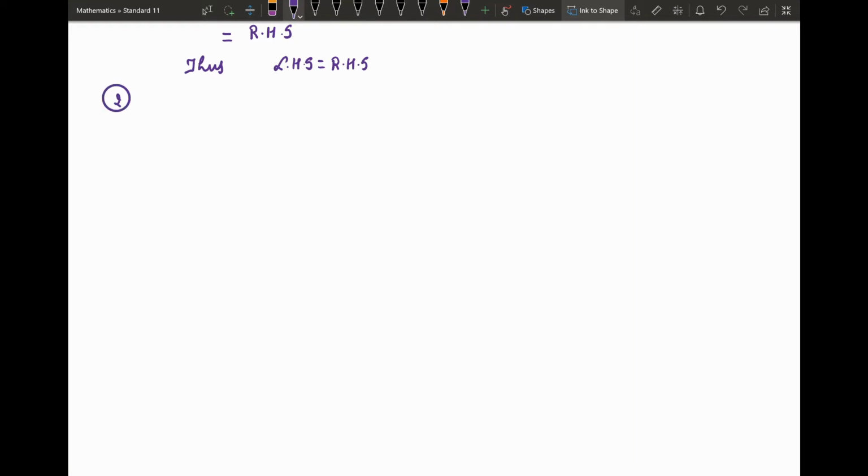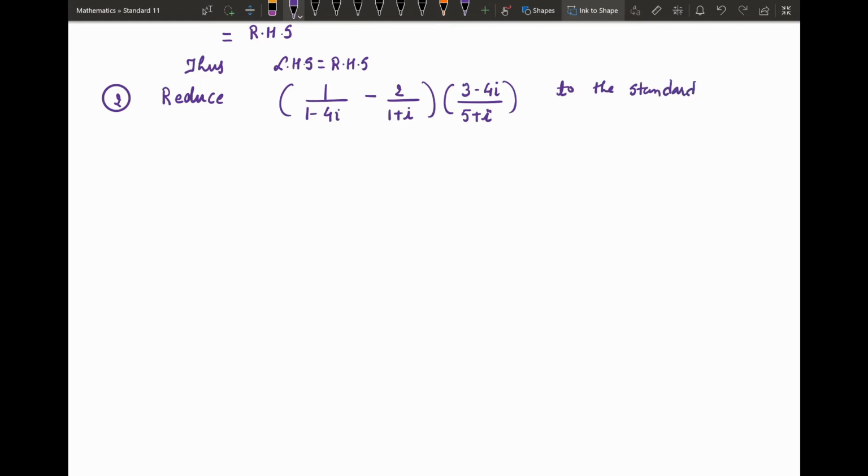Example 2. Reduce one upon 1 minus 4i minus 2 upon 1 plus i into 3 minus 4i upon 5 plus i to the standard form.